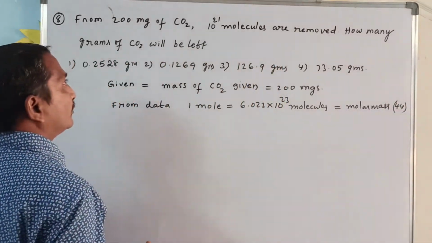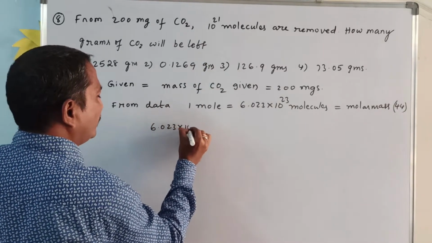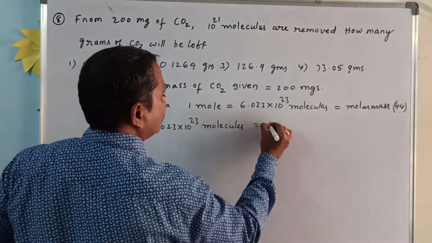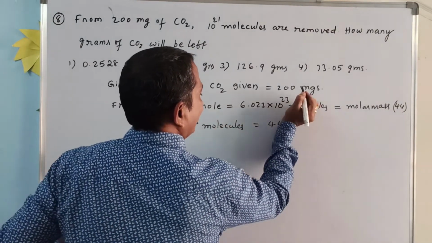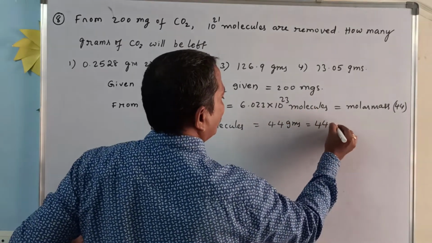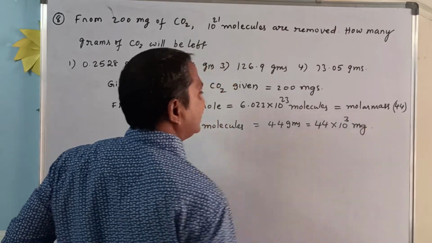Now write down. 6.023 into 10 power 23 molecules is equal to 44 grams, which is nothing but 44 into 10 power 3 milligrams. Clear?